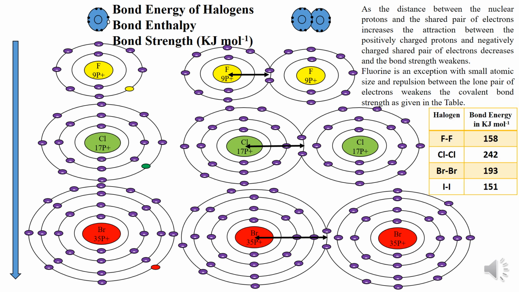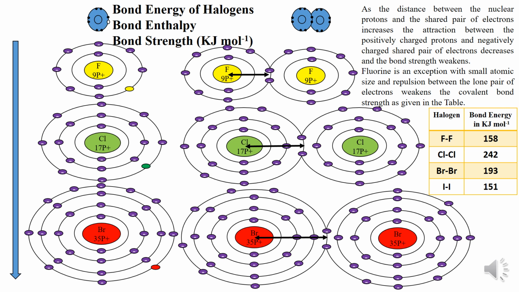So here's a table depicting the bond energy in kilojoules per mole. Going by the theoretical concept, the bond energy should decrease. But here in the table, we see an exceptional behavior by the fluorine molecule.